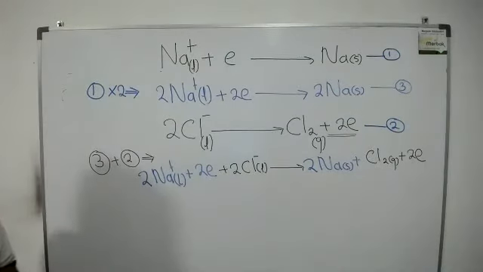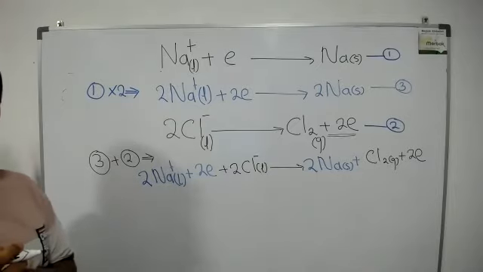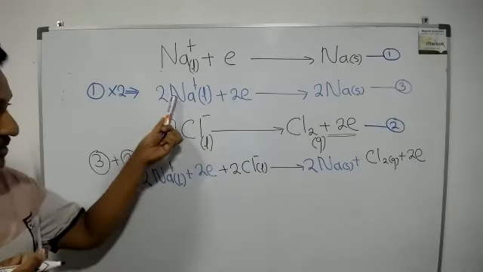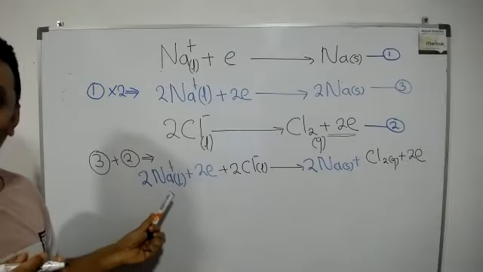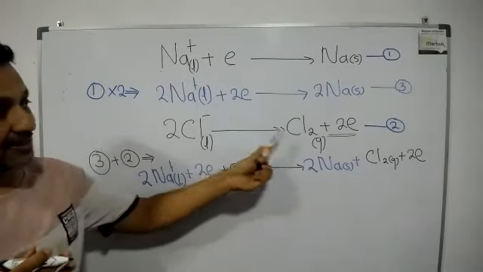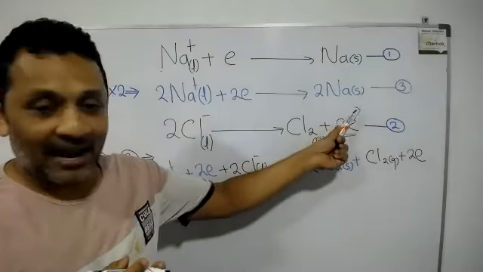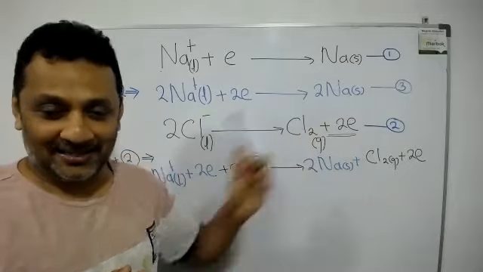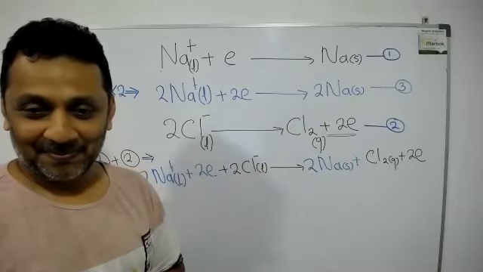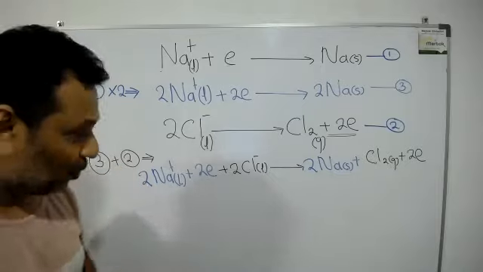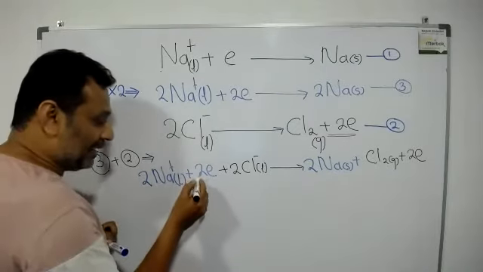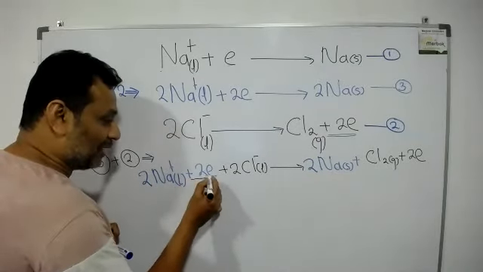Are you okay? Can you understand this one? Left side components are added and written on the left side. Right side components are added and written on the right side. Now, both these sides have 2 electrons.